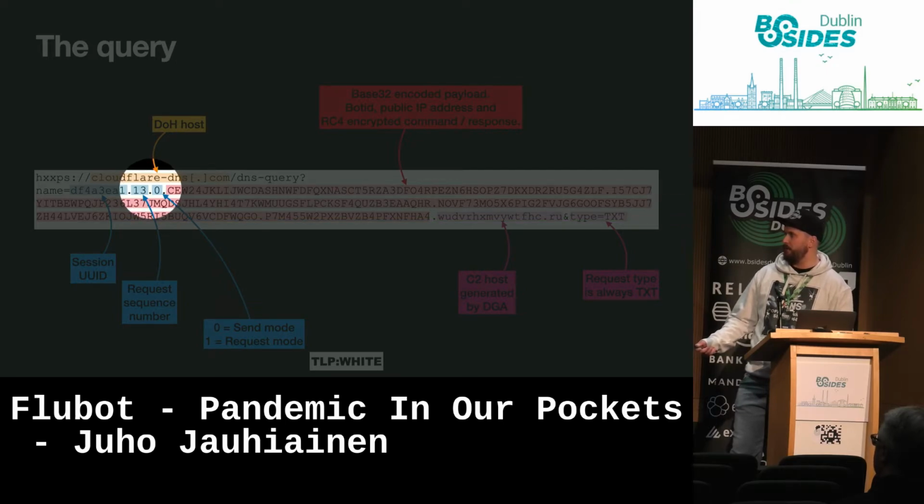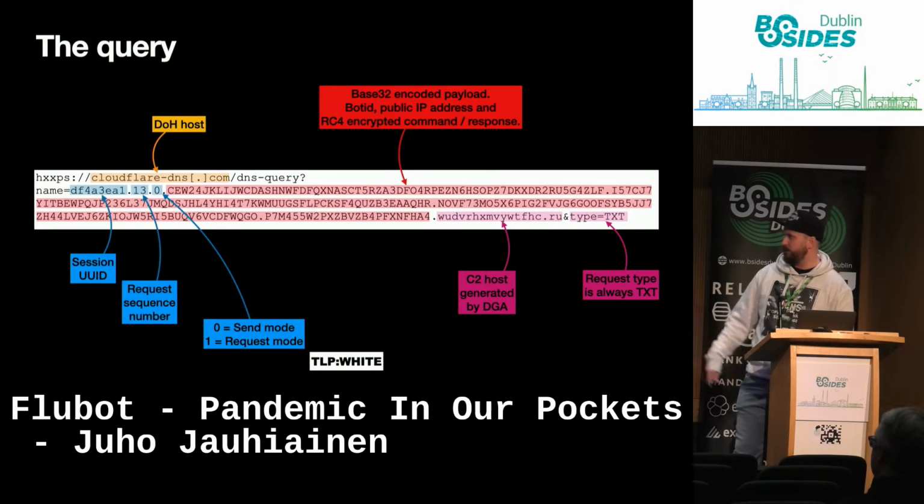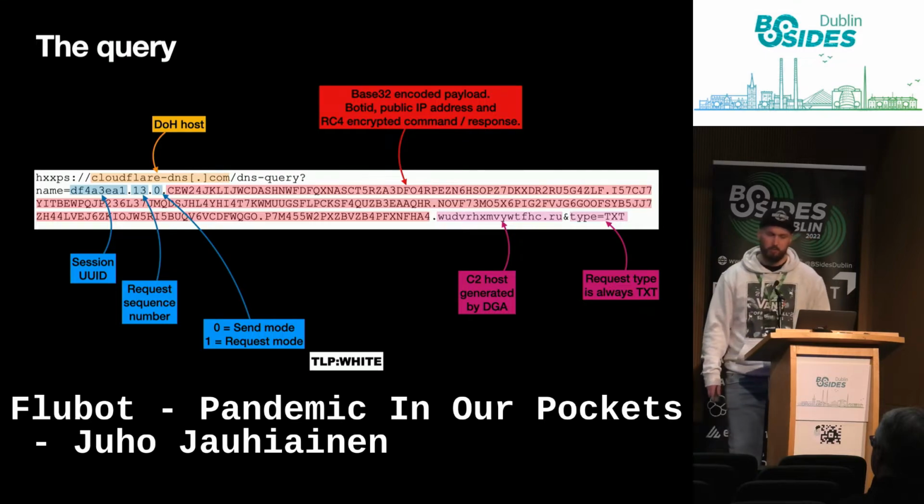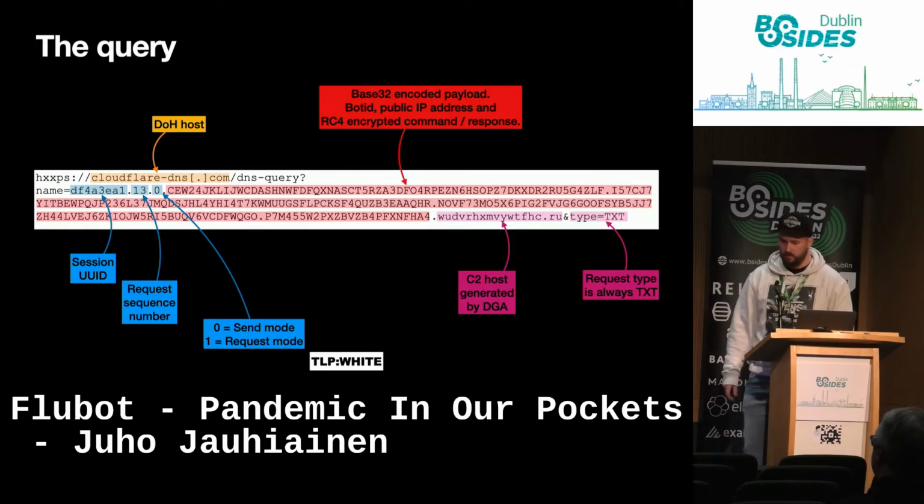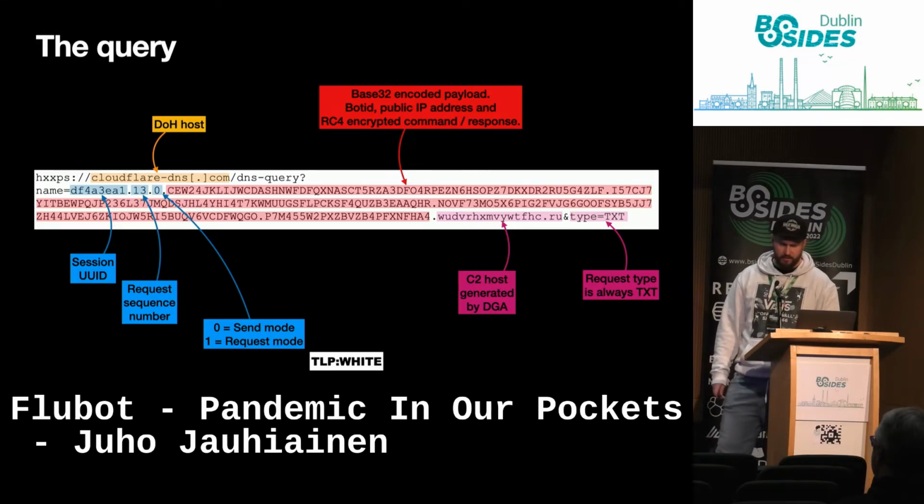The last request has 1 here, and the others are sent with 0. Then there is this blob, and then of course the C2 host. The request type is always TXT, so it's always requesting the same type of data from the C2.